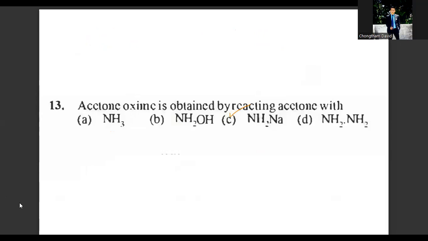Acetone oxime is obtained by reacting acetone with which of the following reagents? It will be hydroxylamine.